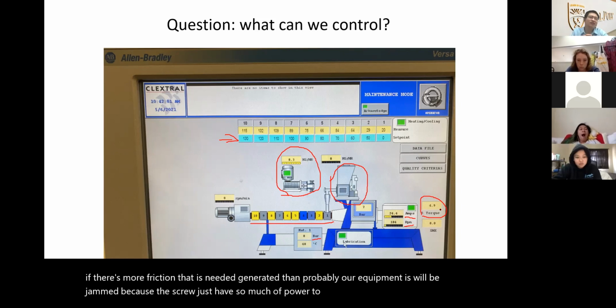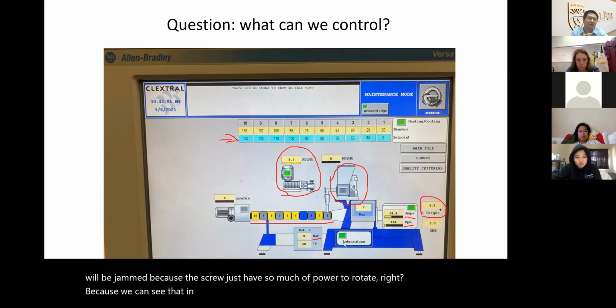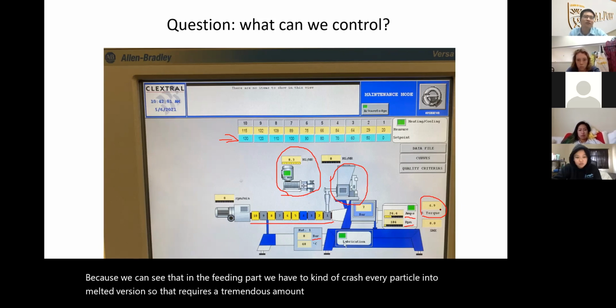In the feeding part, we have to crush every particle into a melted version, so that requires a tremendous amount of force to rotate that screw. Torque is usually shown in percentage.